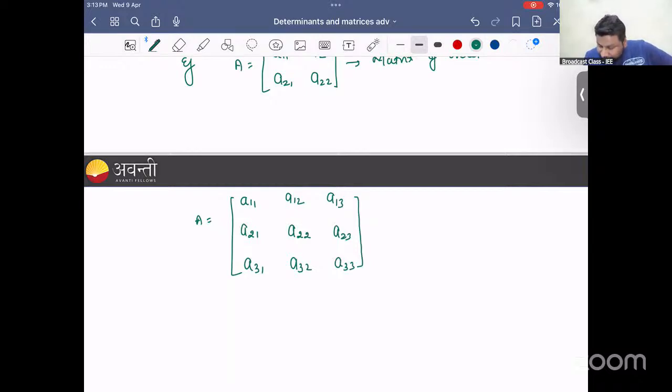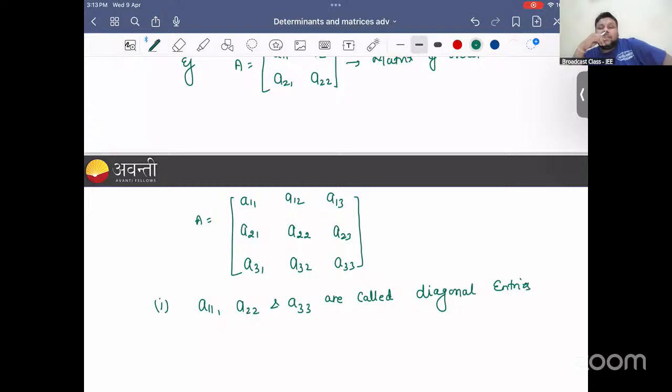First is A11, A22 and A33. They are called diagonal entries.